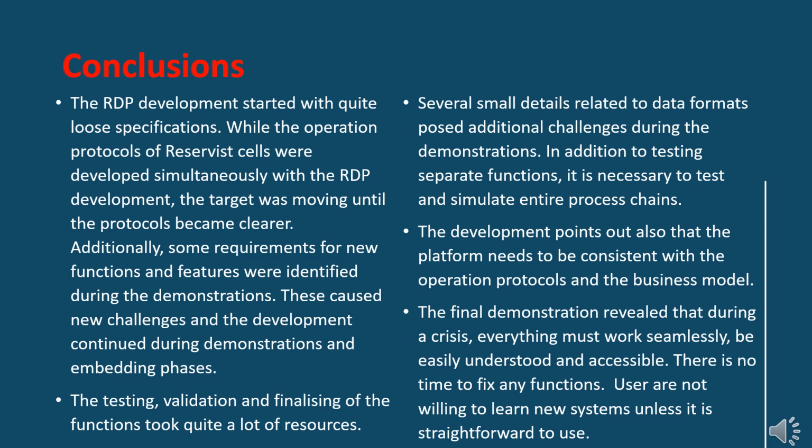It became also evident that the platform needs to be consistent with the operation protocols and the business model. The final demonstration showed that when a crisis and a need occurs, everything must work directly and be clear. There is no time to fix functions, or the user is not willing to learn new systems.